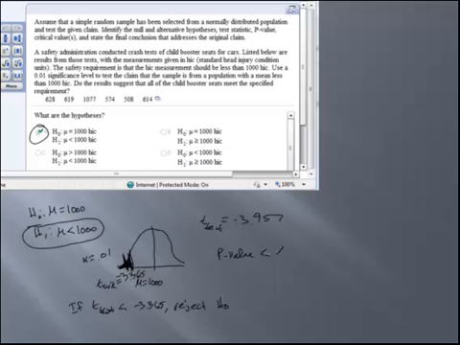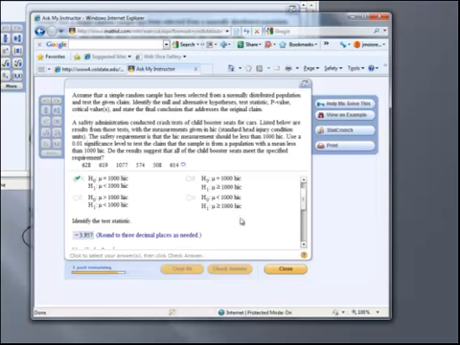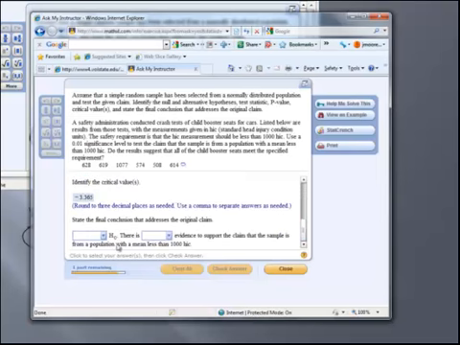Since the p-value is less than alpha, we should reject the null hypothesis. So we look here at the conclusion. We should reject the null hypothesis. There is sufficient evidence to support the claim that the sample is from a population with a mean less than 1,000 HIC.